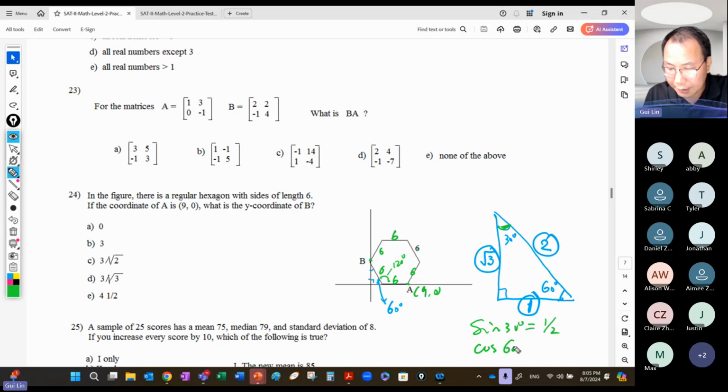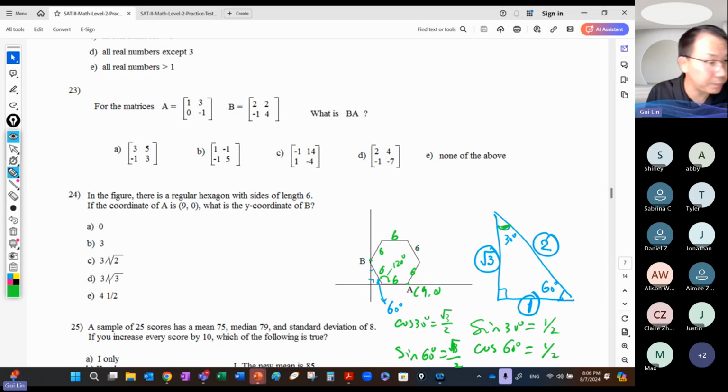Cosine 60 degrees is half. Cosine 30 degrees is square root 3 over 2, and sine 60 degrees is also square root 3 over 2. Yeah, mistake. They are the same, right? Okay. So you can see the side relationship here.